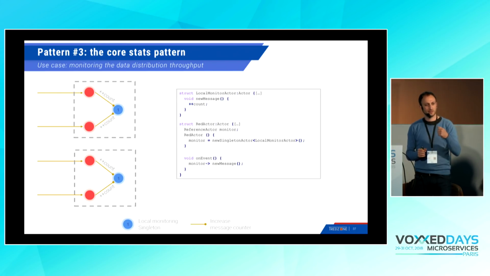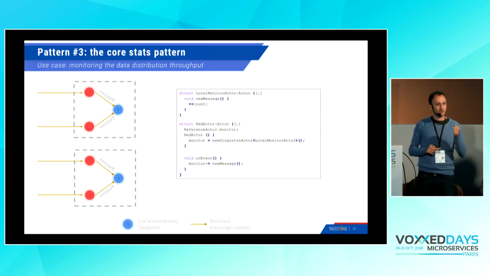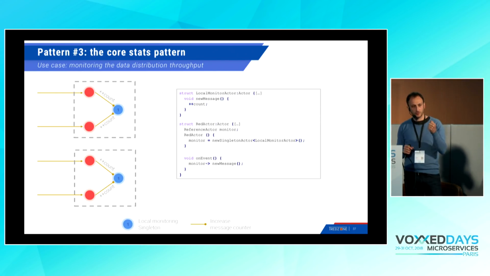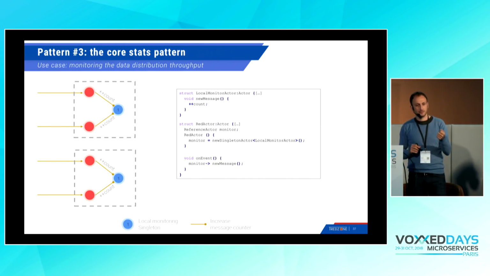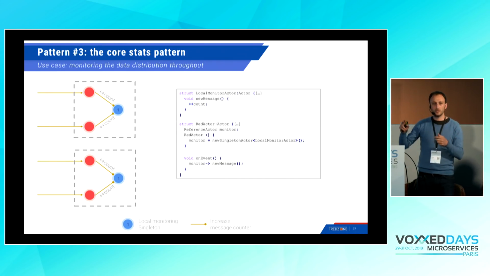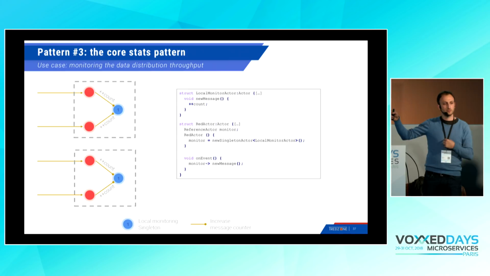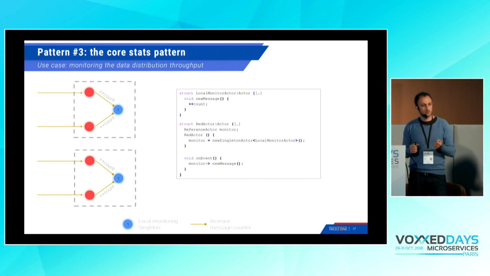I received another message, +1. I do that per core. And when I increase my counter, no one else is changing it. So I don't impact my performance just doing simple local monitoring per core.